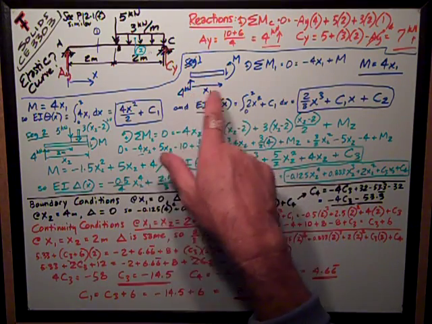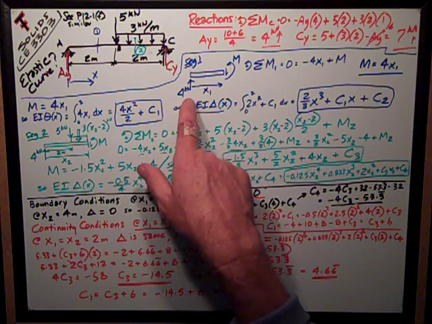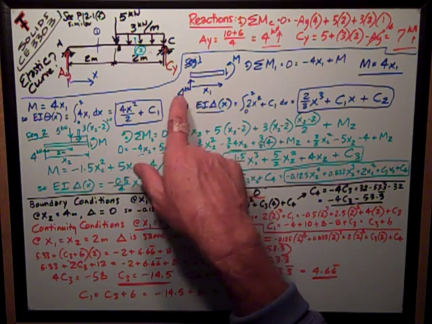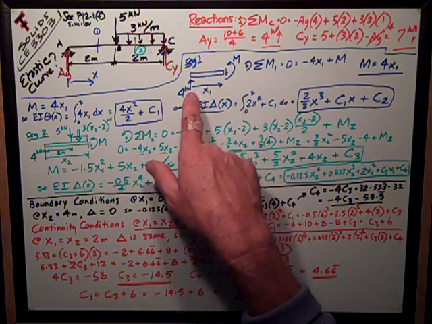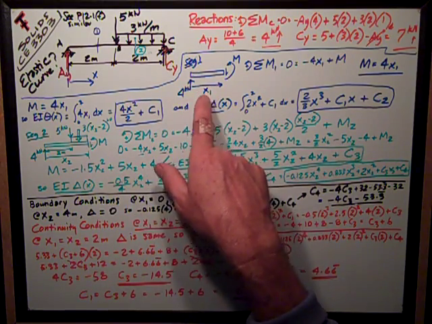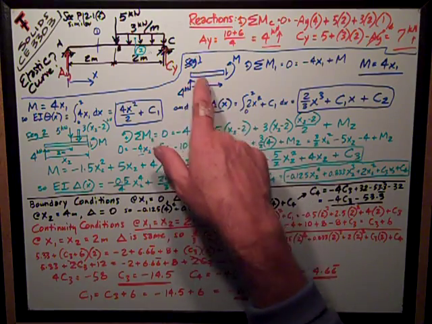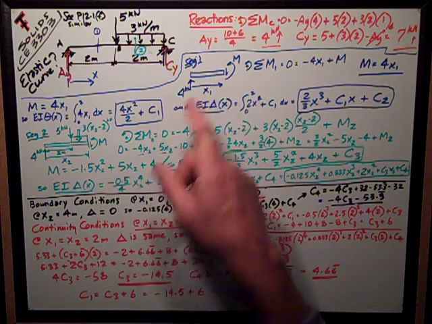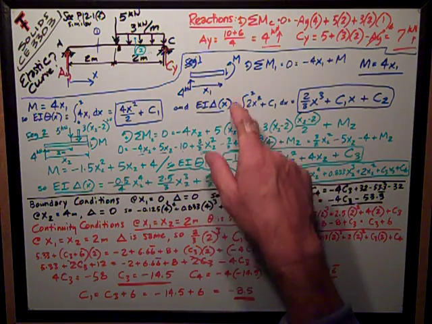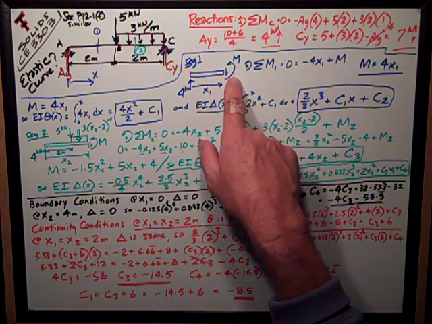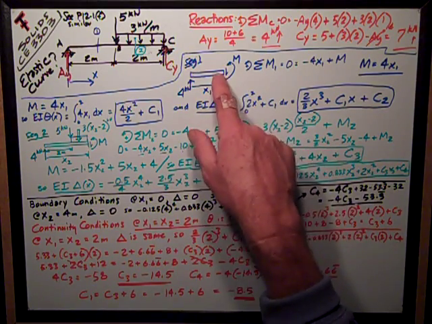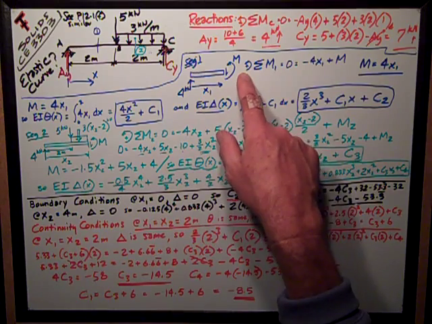For segment 1, I draw a little free body diagram and show the loads, which is all I have is the reaction, 4 kilonewtons up. Then I have my x1 distance, because it's the first one for segment 1. I have a shear and a moment at that section, and I don't care about the shear right now. So I write an equation for the moment by summing moments about the point where I've cut my section.